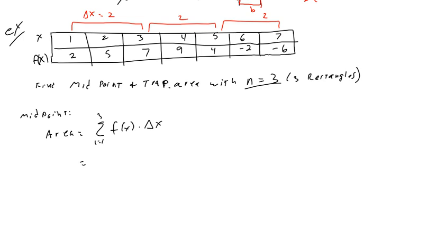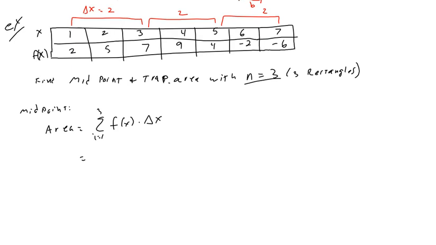This is an i, by the way, i equals 1 to 3, the sum of these 3 rectangles. And the f of x here, let me do this in green, is the middle value of the rectangle.